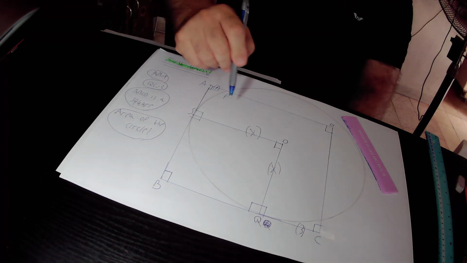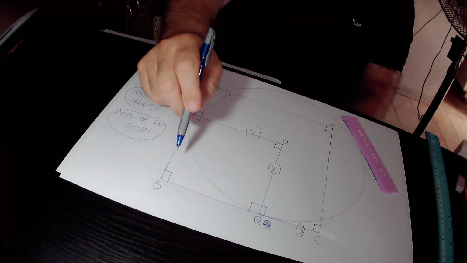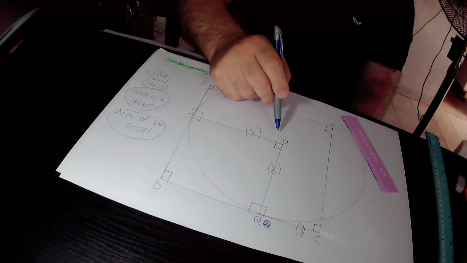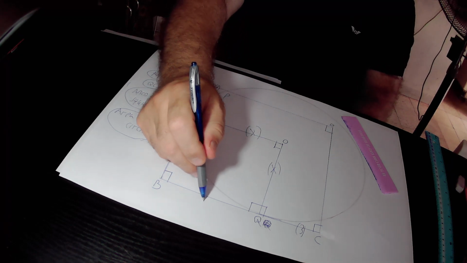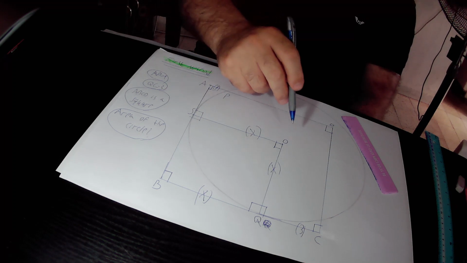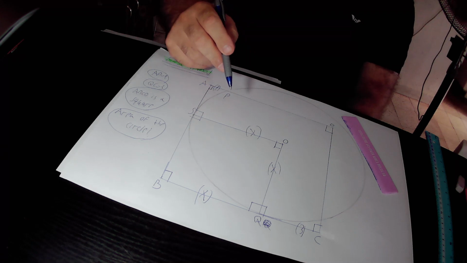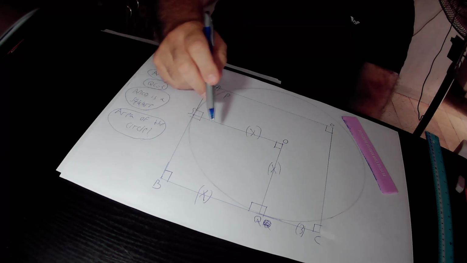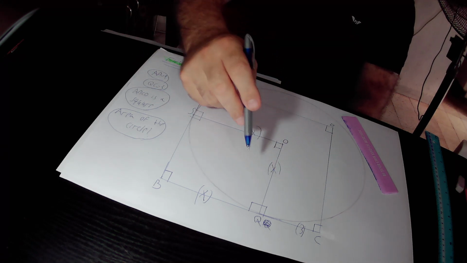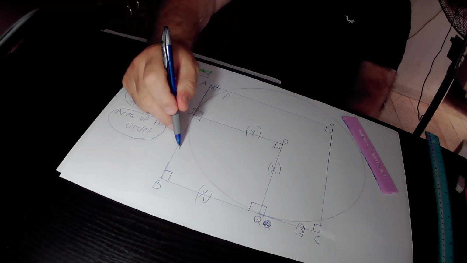So in rectangle SOQB, side SO must be equal to the opposite side QB. But SO is x, therefore QB must also be equal to x. Likewise, in rectangle SOQB, side OQ must be equal to the opposite side SB. But OQ is x, therefore SB must also be equal to x.